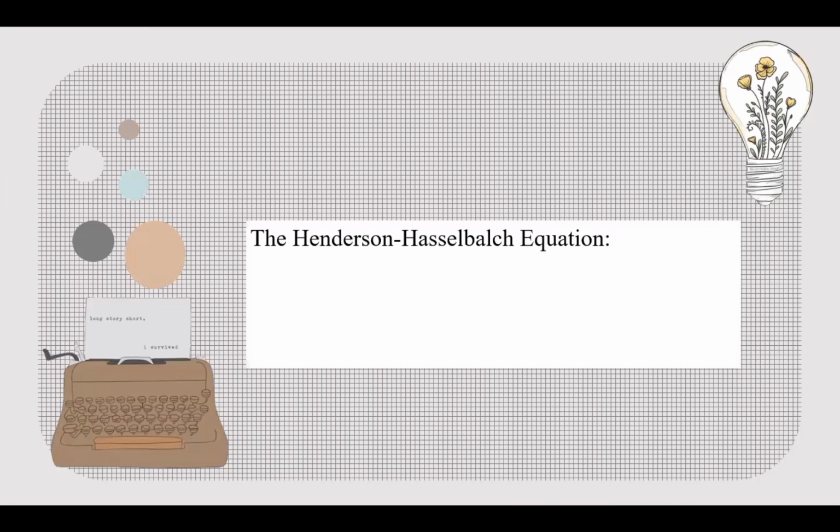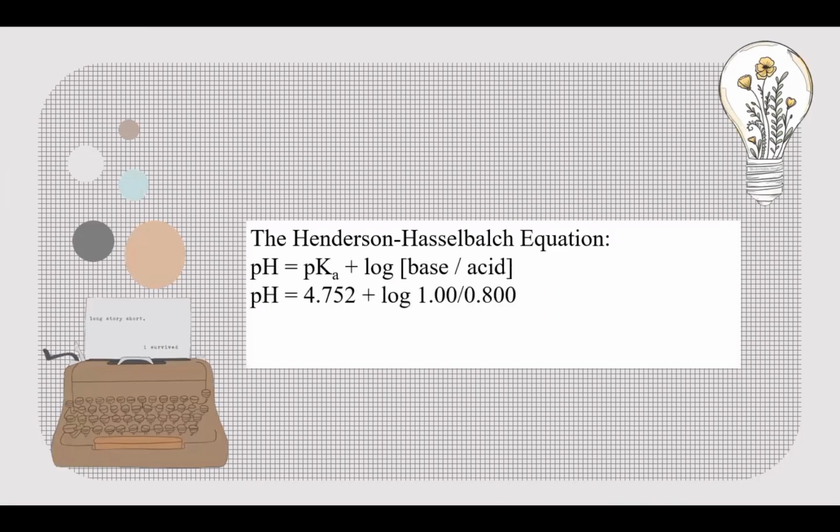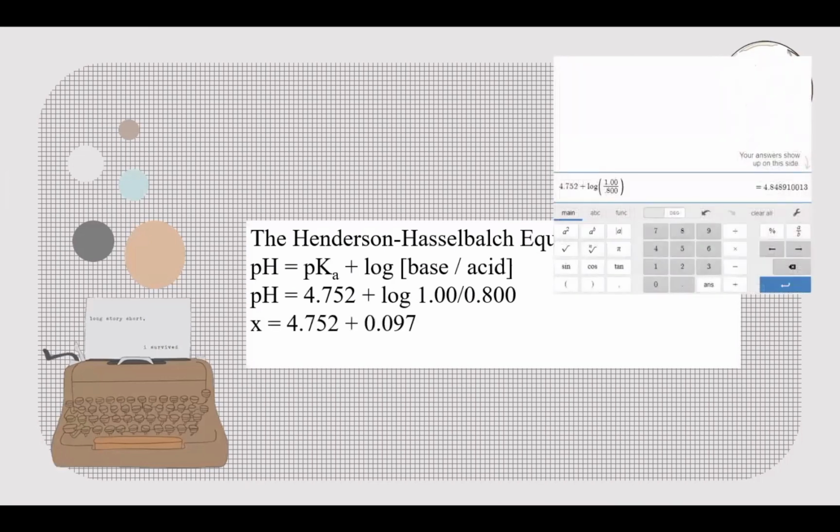So first, we use the Henderson-Hasselbalch equation. pH equals pKa plus the logarithm of base over acid. pH is equal to 4.752 plus the logarithm of 1 over 0.8, so pH is equal to 4.752 plus 0.097. But as seen in the calculator, the answer is 4.8489100013. And we round it up, so the final answer is 4.849.